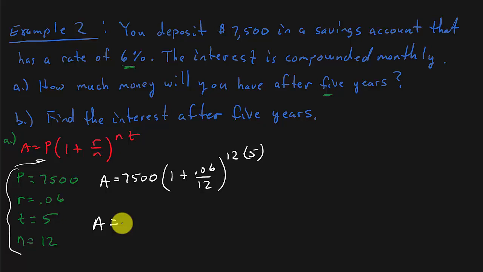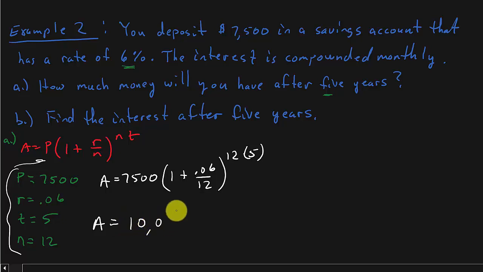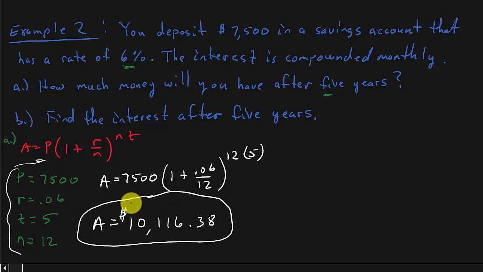That is going to be $10,116.38. All right. So that's what we get for part A. That's how much money we'll have total after the 5 years. And then for part B, they want to know the interest.